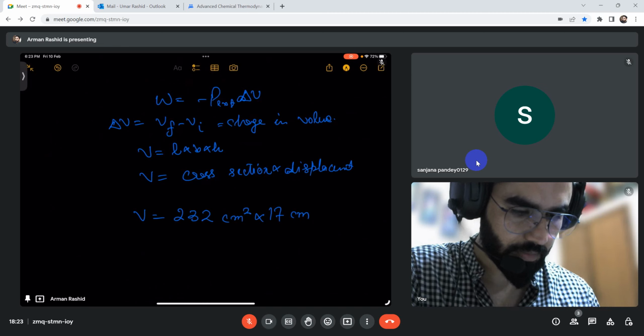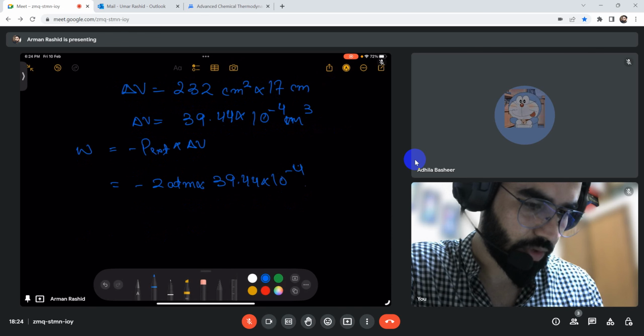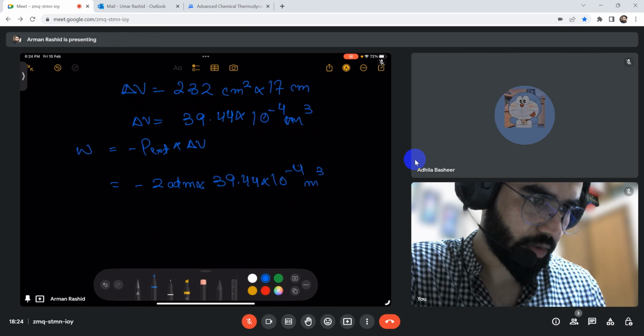Now the total work done will be equivalent to P external multiplied by delta V. The external pressure is given as 2 atmosphere and the volume change we have calculated as 39.44 times 10 to the power minus 4 meter cube.